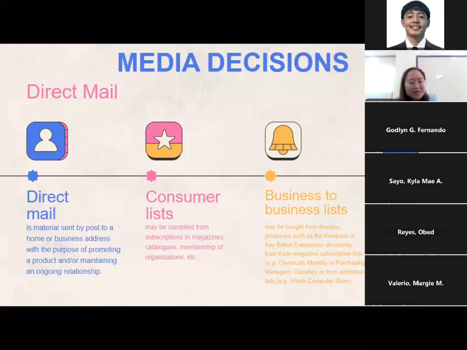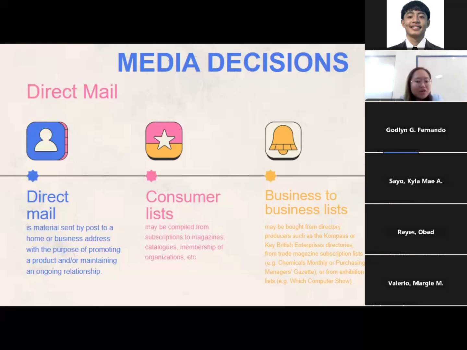The list includes information on previous purchases, browsing history, and customer preferences, making it highly effective for tailored marketing. We can say that each type of mailing list plays a role in direct mail campaigns, and companies often use a combination of these lists to reach their target audience effectively.